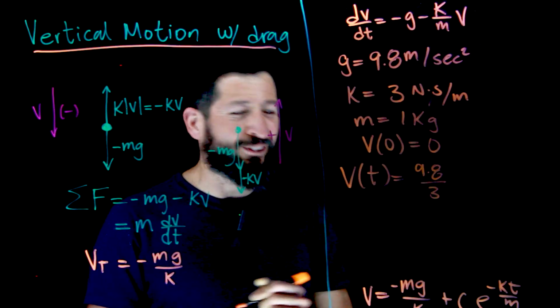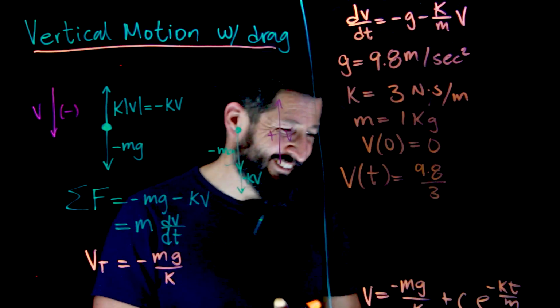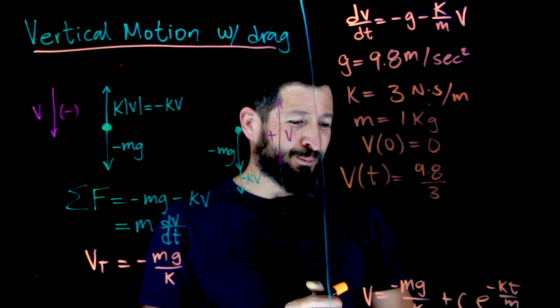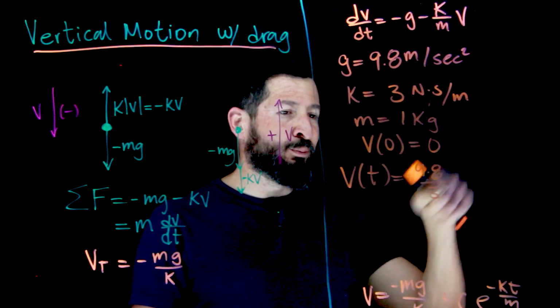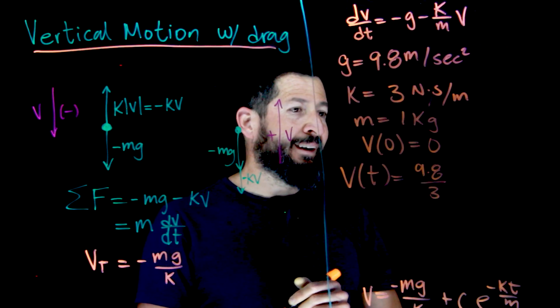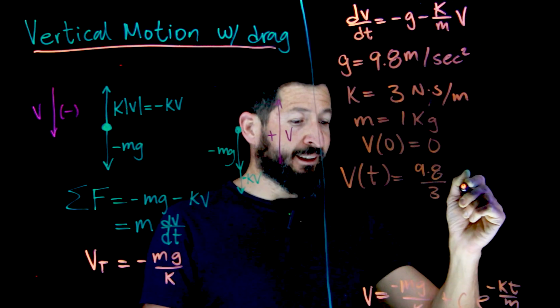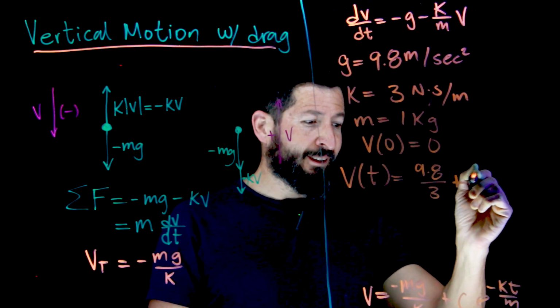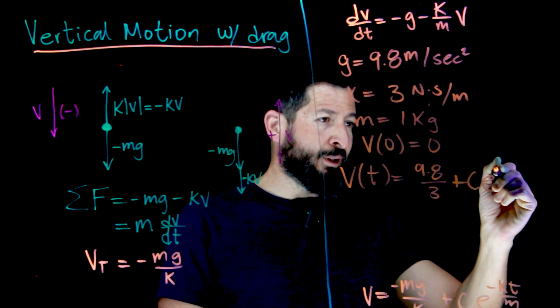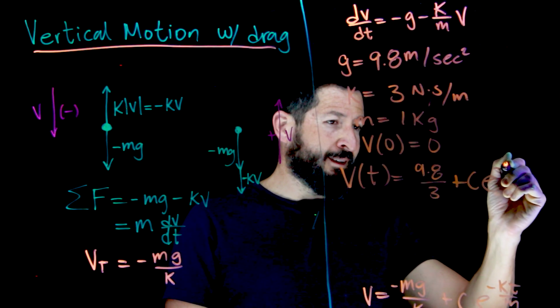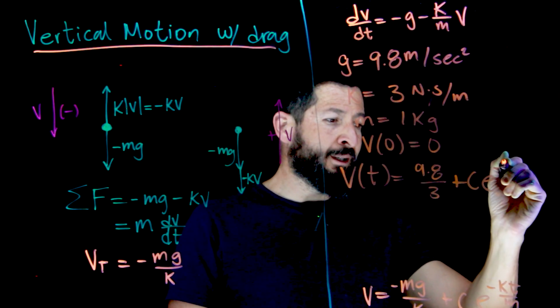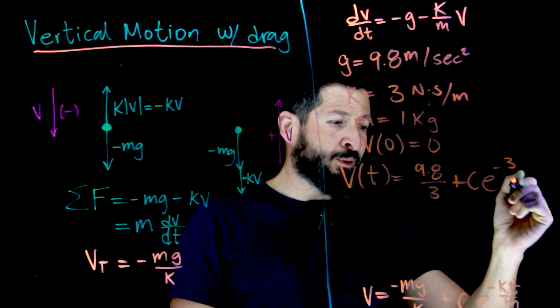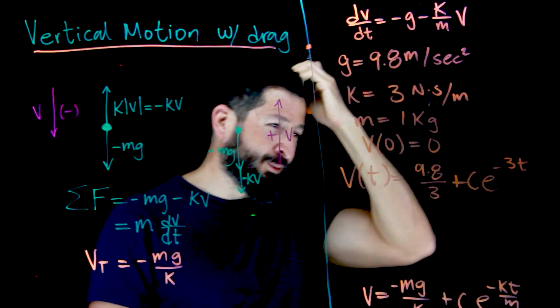Meter. There you go. Sorry. So this all should be in meters per second in the end. And then this right here will be plus C e to the negative k t. K in this case is 3 over the mass of 1, times t. Okay, so that's what we get.